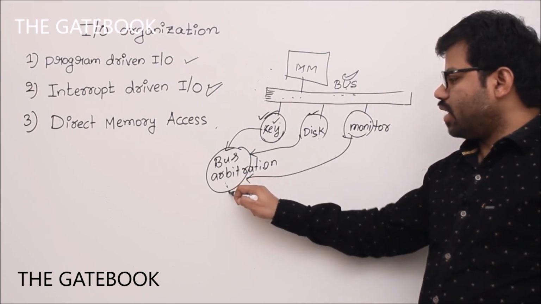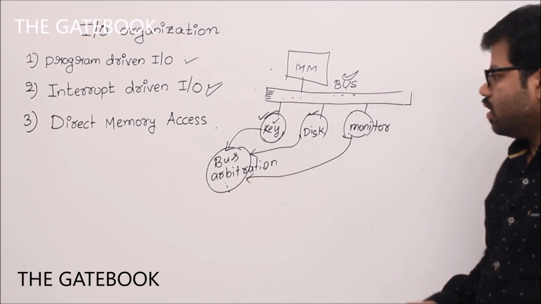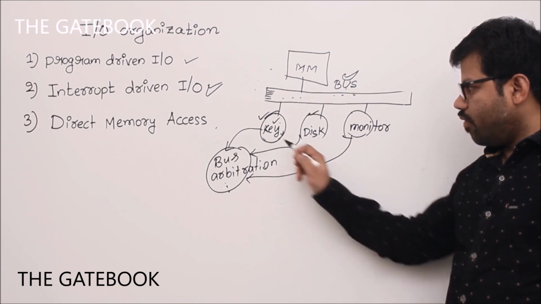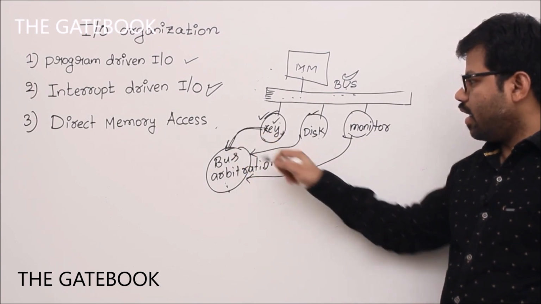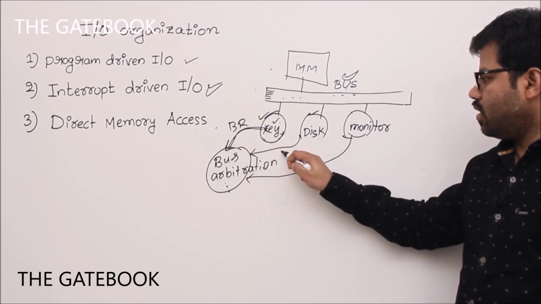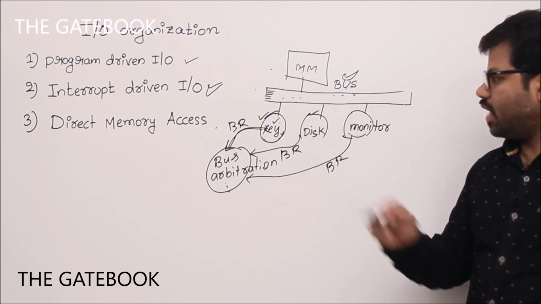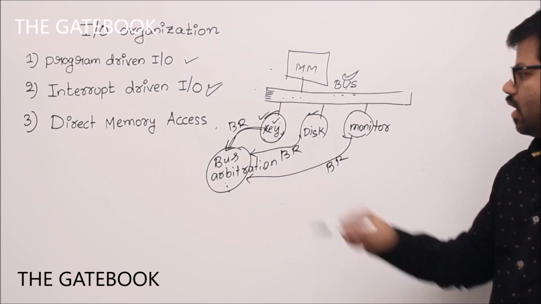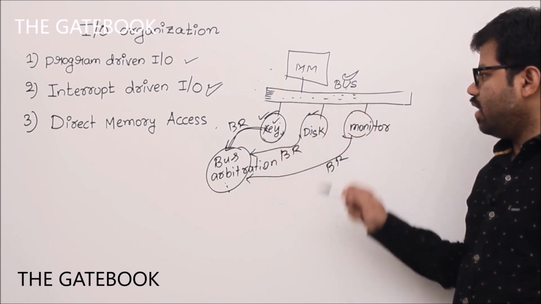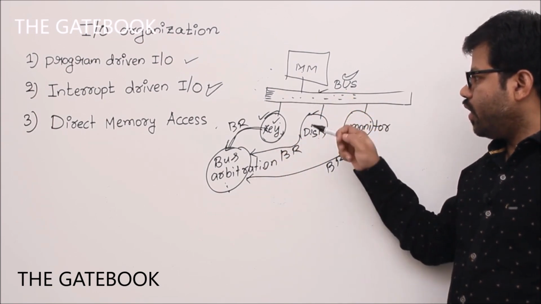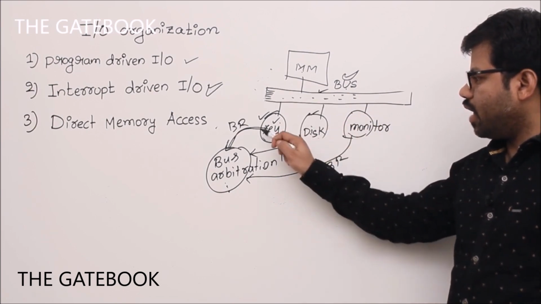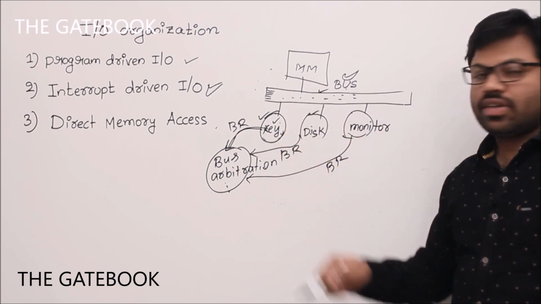So this bus arbitration circuit is important. When there are multiple IO devices, everyone will send their signal like a bus request. When they want simultaneous access, that means at a time if they all want to use the bus, since we have a common bus, somehow we have to fix this bus to someone. That's why keyboard, disk, monitor, everyone will send bus request signals.